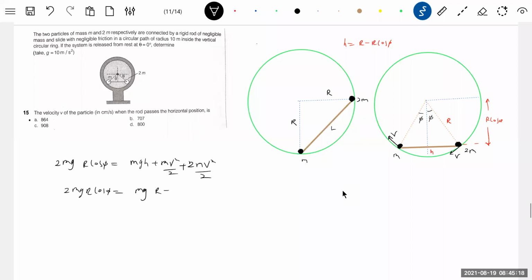What is h? h is r minus r cos phi, and the kinetic energy total will be 3m v square by 2. The m cancels. So this will be 2gr cos phi equal to gr (1 minus cos phi) plus 3 by 2 v square.